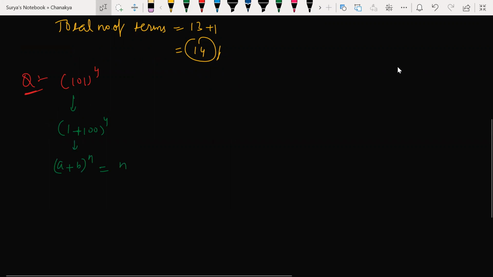I know that nC0 a to the power of n b to the power of 0 plus nC1 a to the power of n minus 1 into b to the power of 1 plus nC2 a to the power of n minus 2 into b to the power of 2, and so on, till nCn a to the power of n minus n into b to the power of n.